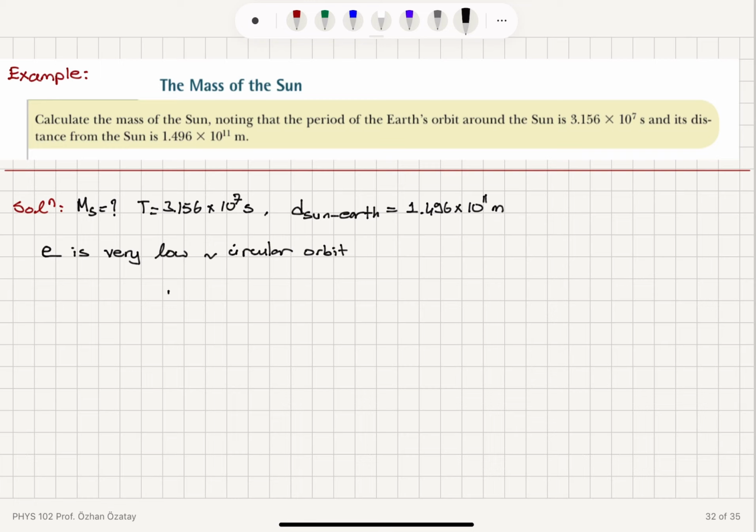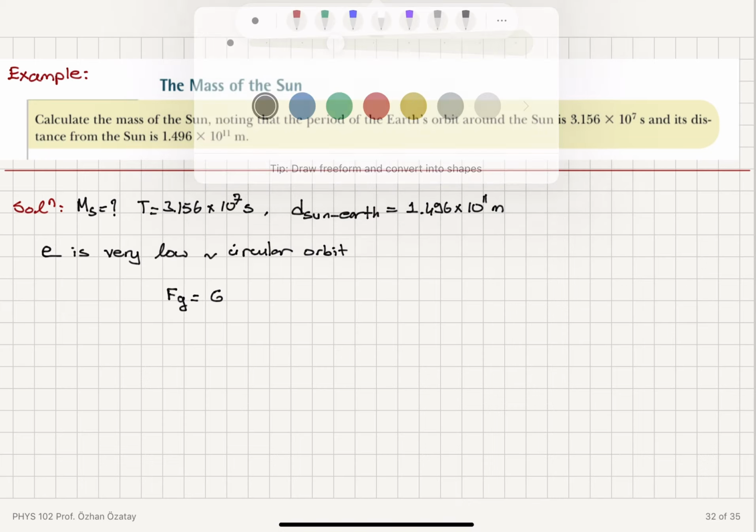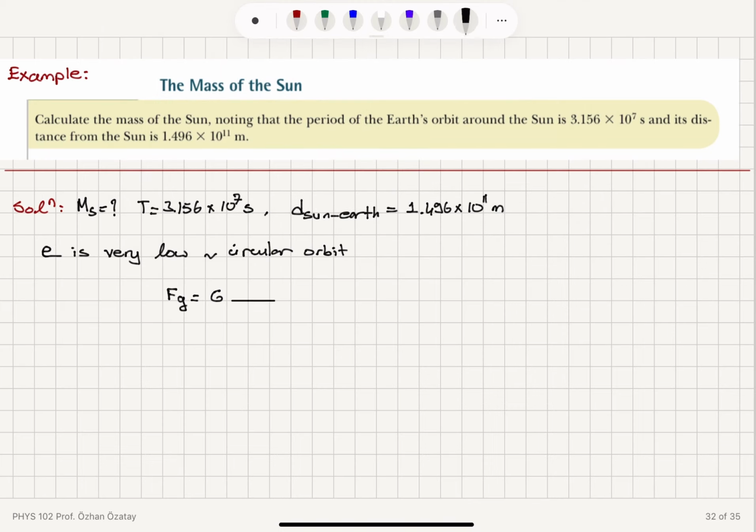So we can write basically the gravitational force, the gravitational constant G, mass of the Earth, mass of the sun divided by the distance squared, d squared, is equal to the mass of the Earth times v squared over r, which is v squared over d.